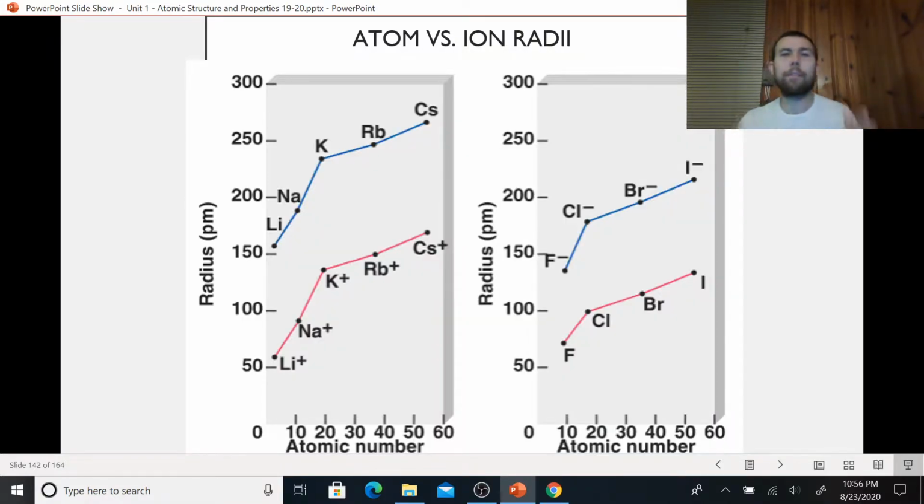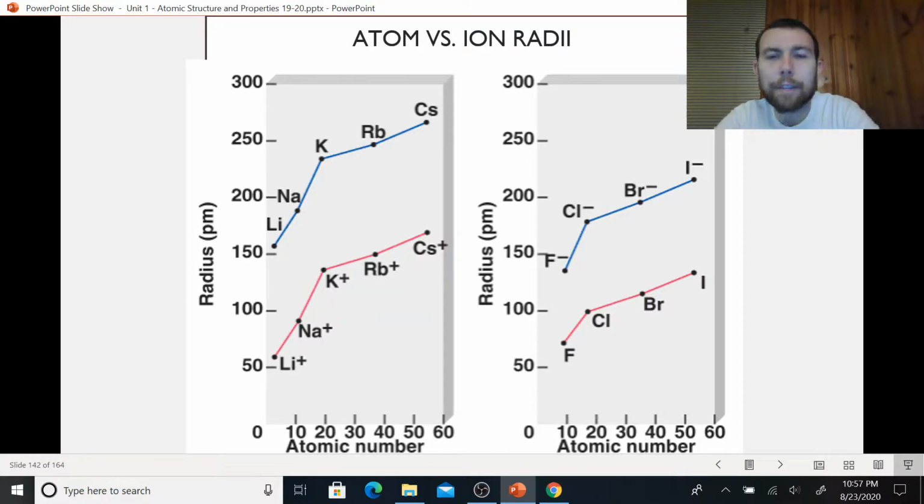Okay. Now, here's some data that shows you the differences between those radii. On the left, you've got neutral metal atoms and their cation counterparts. Notice the drops in the radii of the cations compared to their neutral counterparts.